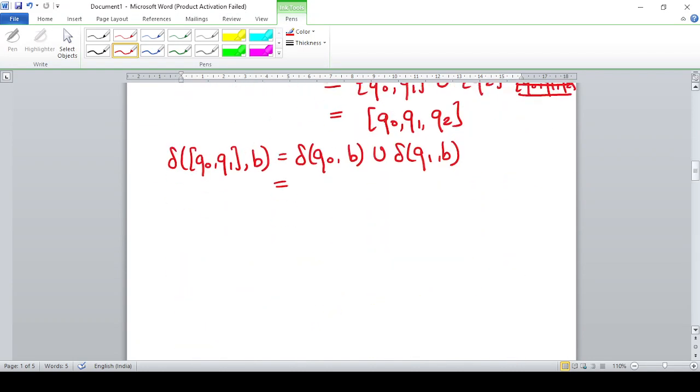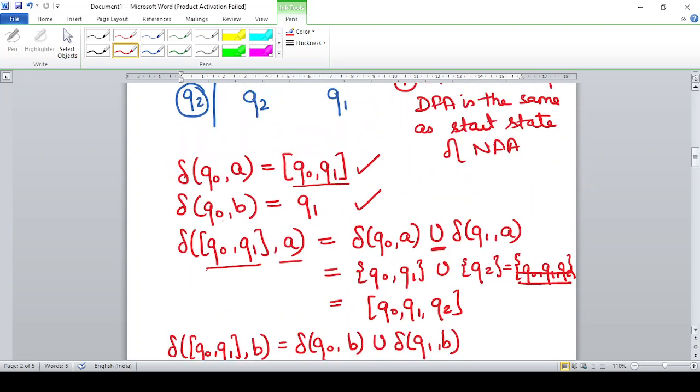So it becomes q1 union q0 q1. That will give you q0 q1, right? I'll put it in a square bracket. Now you have defined q0 q1 for all input symbols.